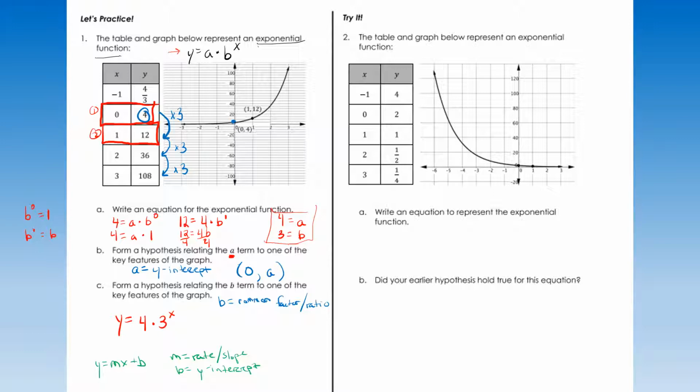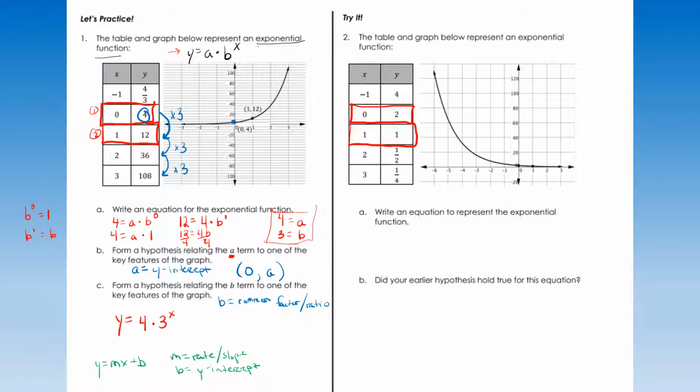All right, so now I want you to try it. Write an equation for the second one here using this table. So you're going to want to use the 2 points from the graph. So you want to use where x is 0 and where y is 1.